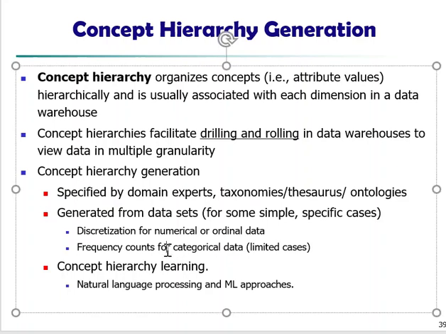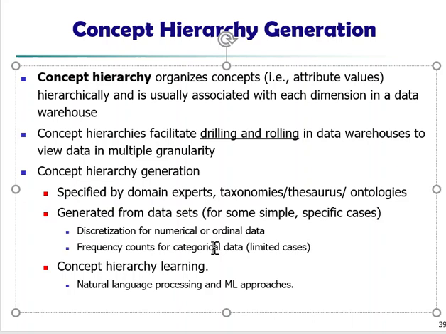We can also use frequency counts for categorical data. I'm going to show an example of that. This is a heuristic method. By heuristic, we mean the method works in some cases.